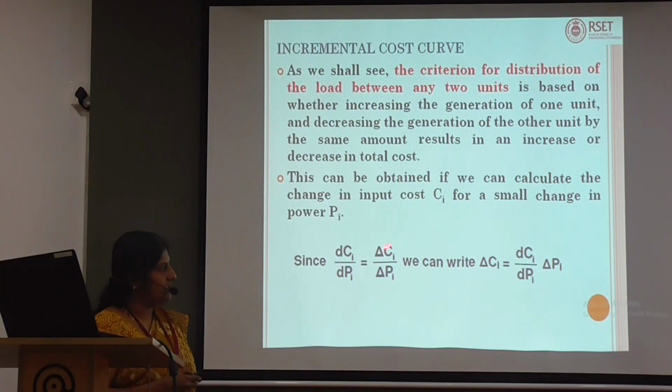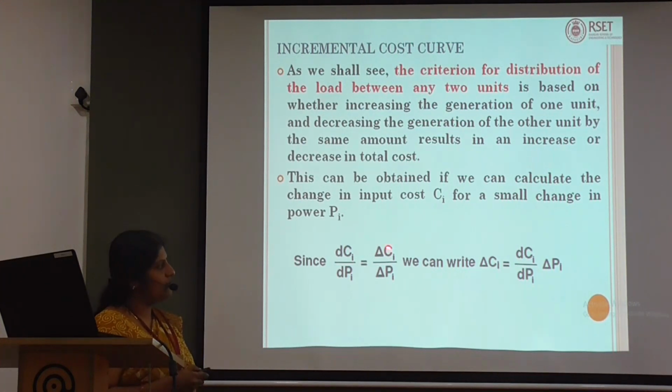That is the change in cost by change in power. For an incremental change in generation, what is the incremental change in cost? So dCi by dPi is equal to delta Ci by delta Pi.